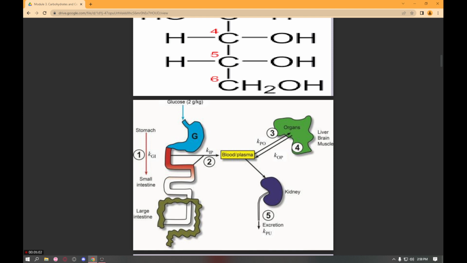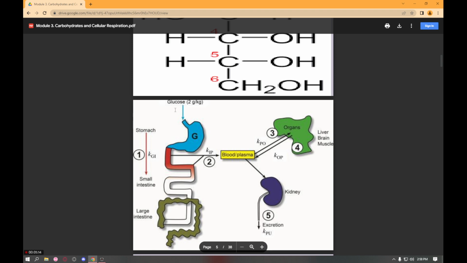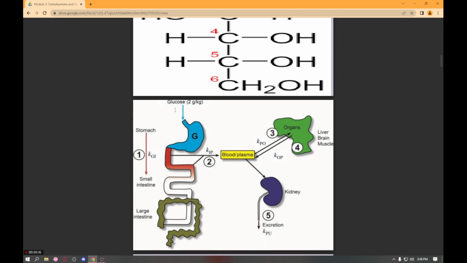Here in your small intestine, these disaccharides become monomers. So what is the monomer of your carbohydrates? This is your glucose. Your glucose is the monomer or the monosaccharide, and from your small intestine it goes into your bloodstream. It is distributed into the blood plasma.